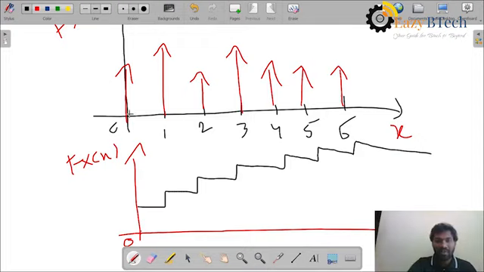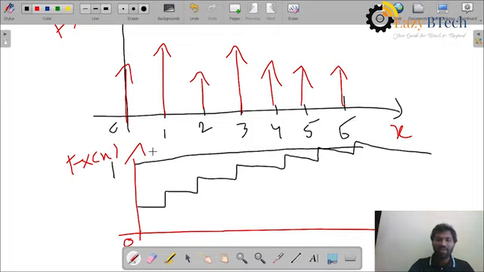At 0 it has one value, at 1 it has 0 plus 1, that means added. At 2 it has the total of 0, 1 and 2, at 3 it has 0, 1, 2 and 3. At 6 it has a value of 1. Why? Because the maximum value of your step function is always equal to 1.